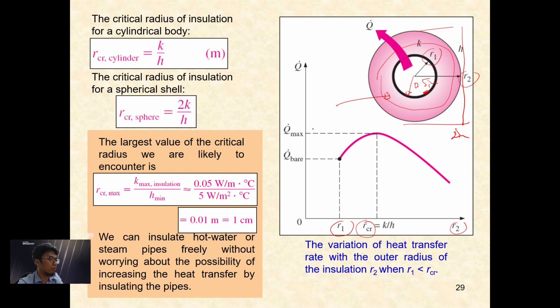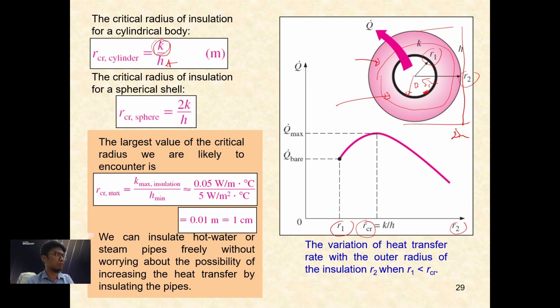So to find that R critical is just by dividing the K of your insulator material by h, the convection heat transfer coefficient of the outside. The coefficient for a cold environment is different compared to a hot one. If compared in reality, h for cold countries like Korea, the UK, the US, is different from h in Malaysia.